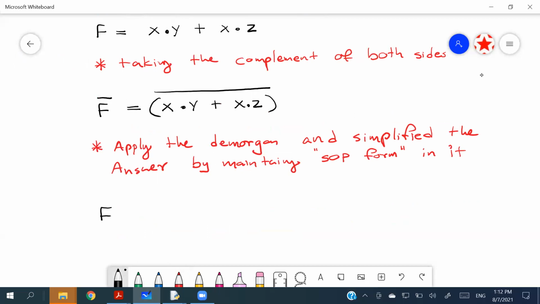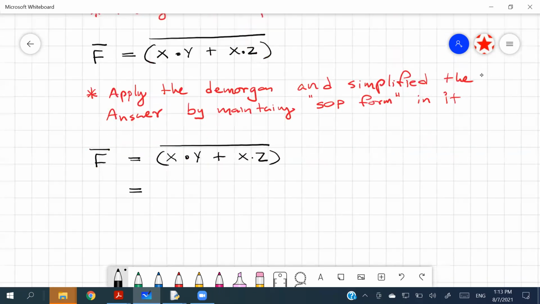So what happens? The expression that we have is f bar equals x dot y plus x dot z total bar. So we apply De Morgan's.